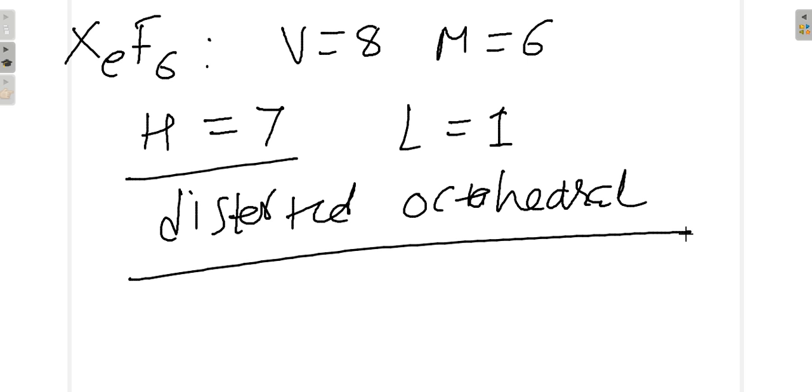Even though it is pentagonal bipyramidal, that makes it 7. One lone pair will not be considered as part of the geometry. So only 6 attachments. So it will be a distorted octahedral.